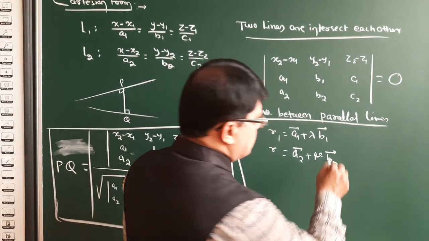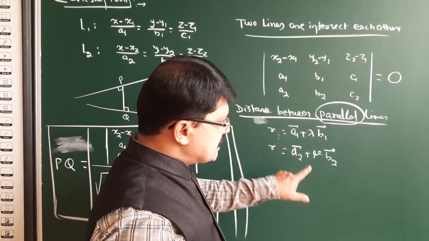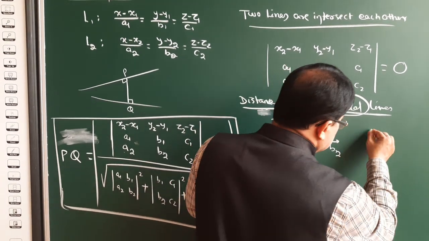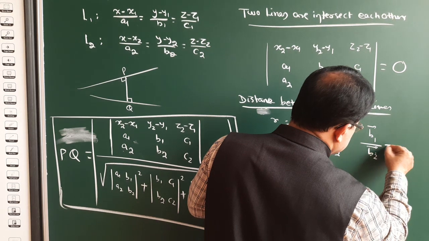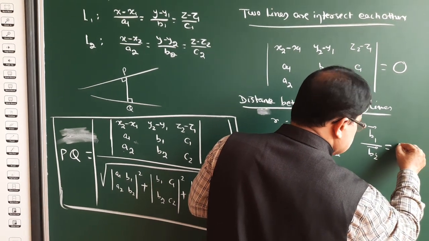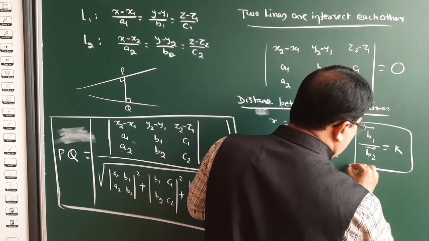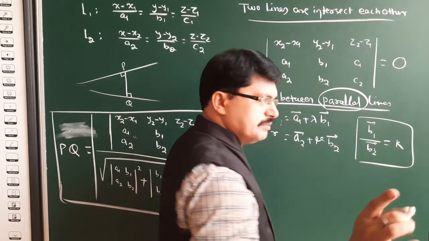But here it is given that they are parallel lines. If these two lines are parallel, what is the condition? b1 vector divided by b2 vector is equal to any constant, that constant I am taking here as a, or b1 vector is equal to any constant into b2 vector.